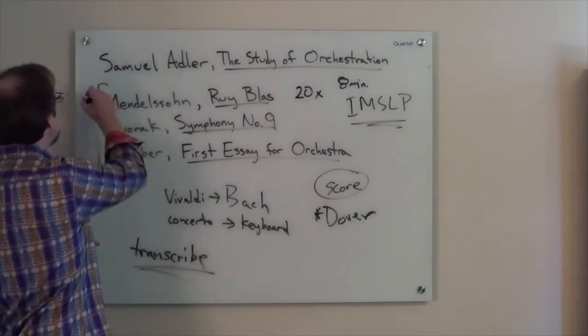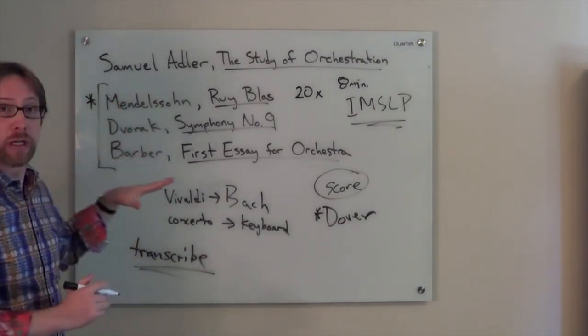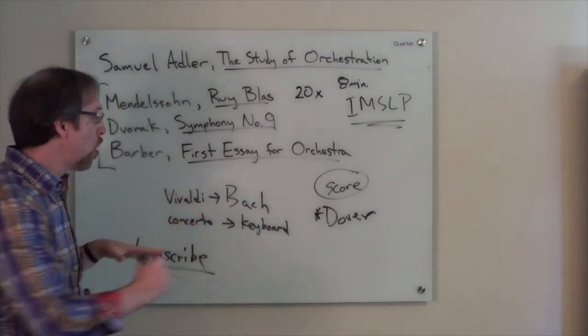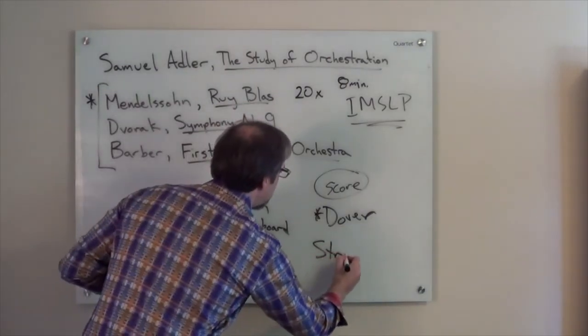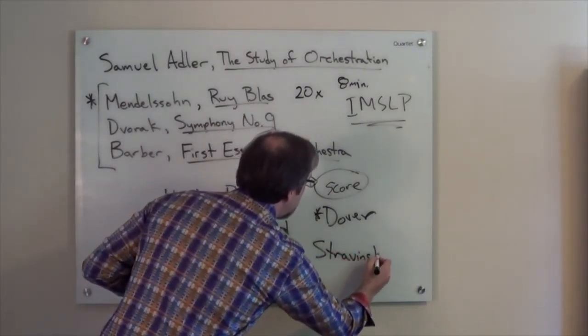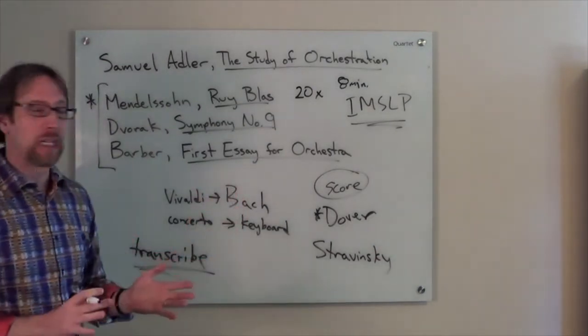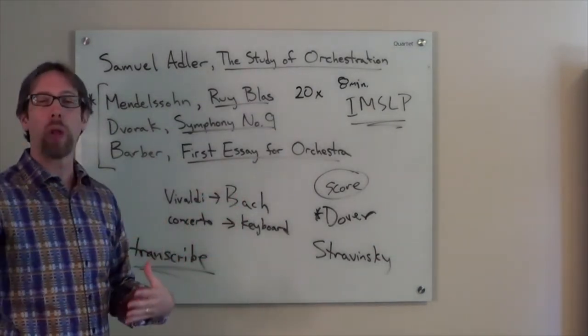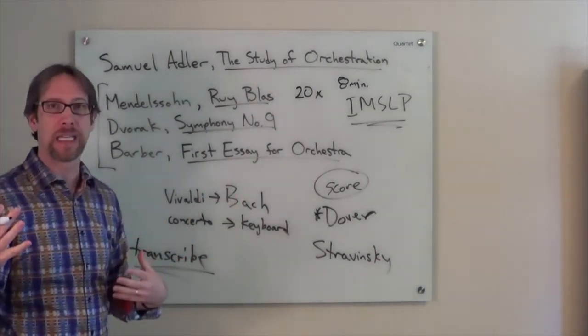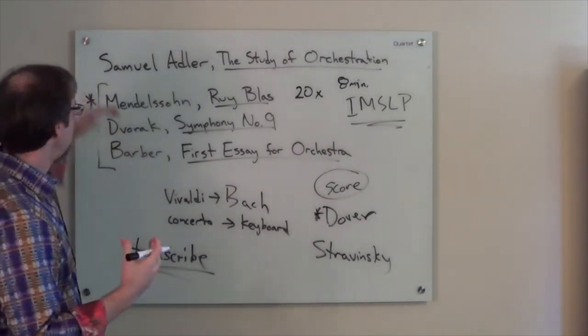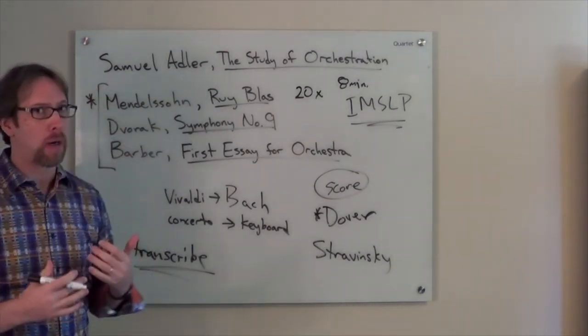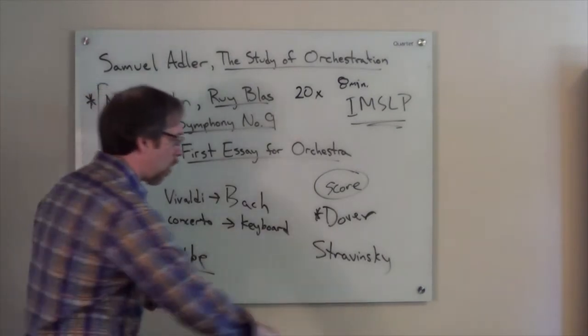I think Mendelssohn's a good place to start. I think all of these three composers I chose are good, but I wouldn't go with someone like Stravinsky, who is a master at using instruments, but he's at a whole other level of complexity. And if you find that Mendelssohn, Dvorak, and Barber are a little complex, you might want to take it back.